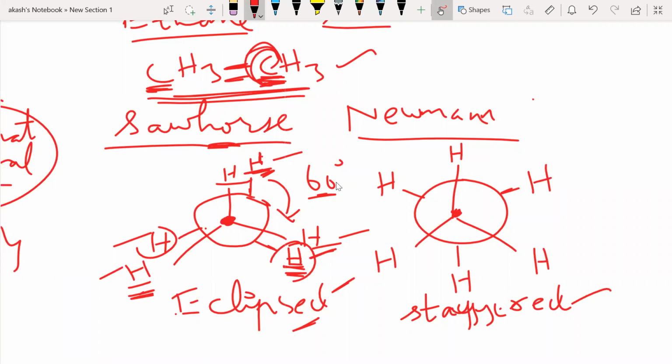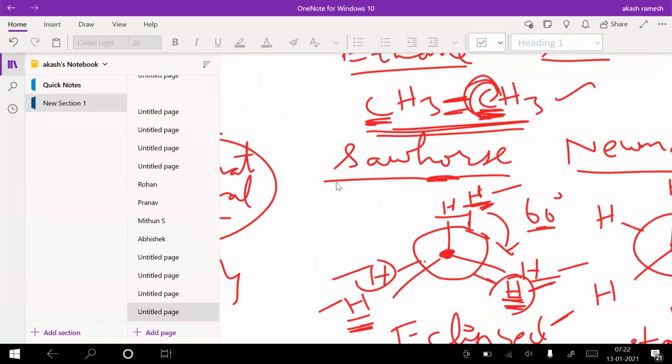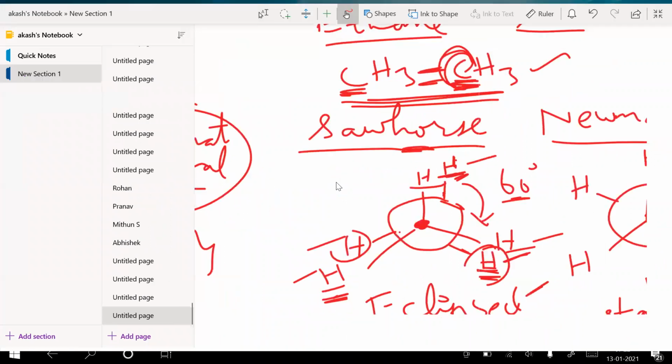Whenever this kind of question comes, as I asked you the same question in the case of cis and trans geometric isomers, which was more stable? Trans, yes. Trans is the most stable one.